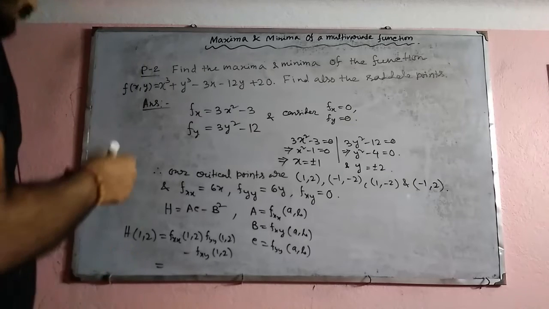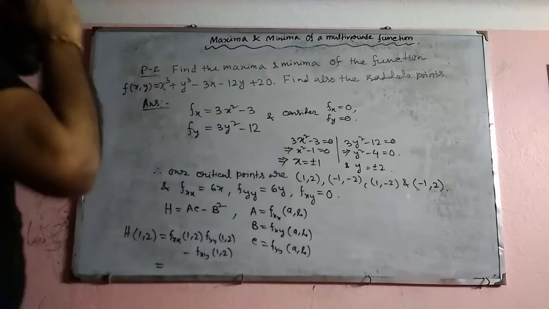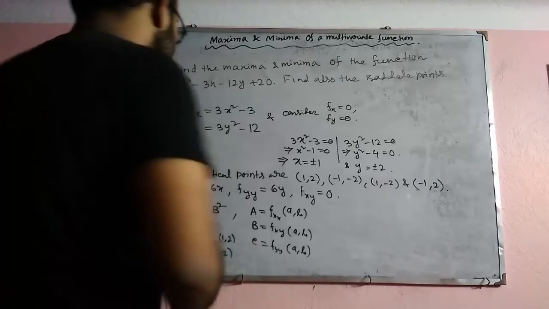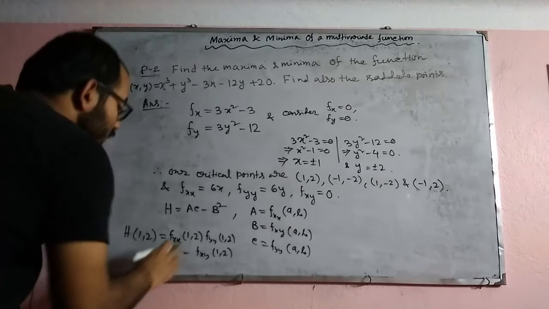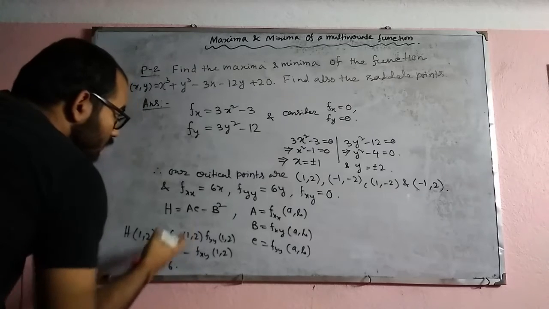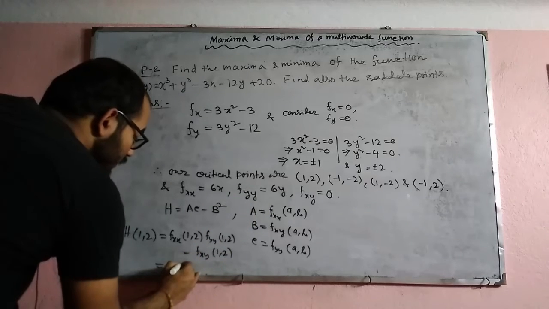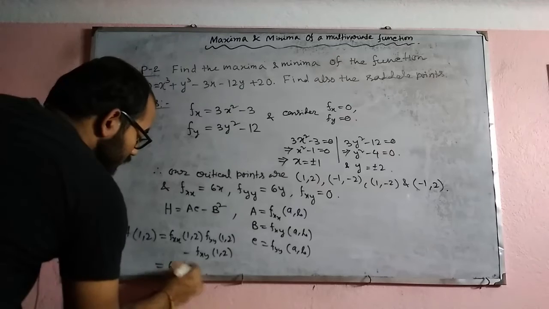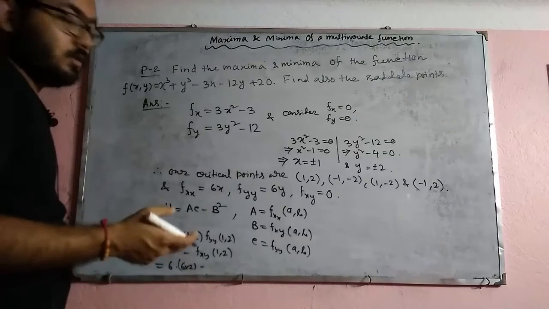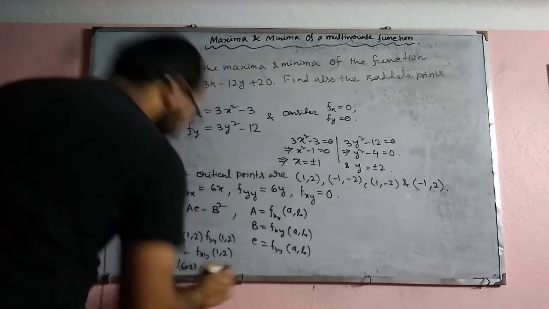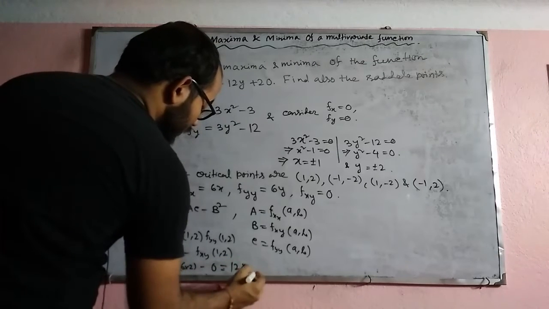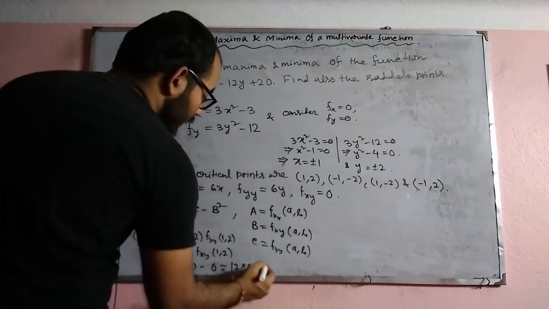Okay. See, what is fxx? That is 6x for all x, y. So if we put the value 1, then this will be 6. What is this? 6 into 2. And what is fxy? fxy is 0 for all x, y. This will be 0. And this will be 12 into 6, greater than 0.